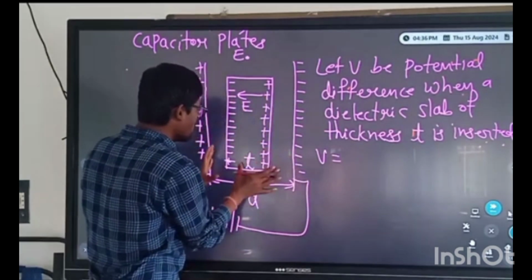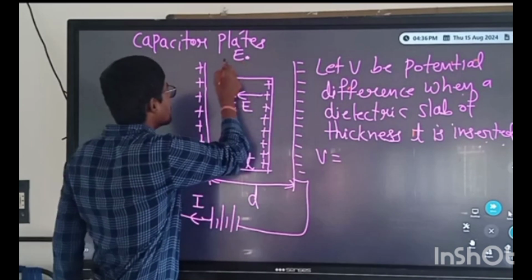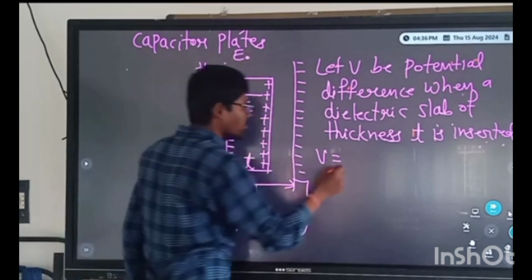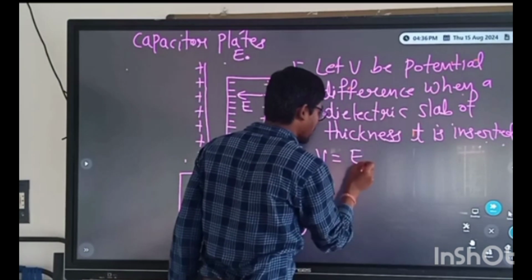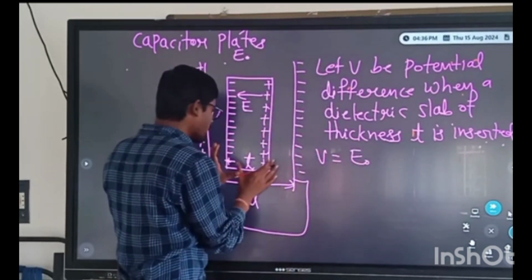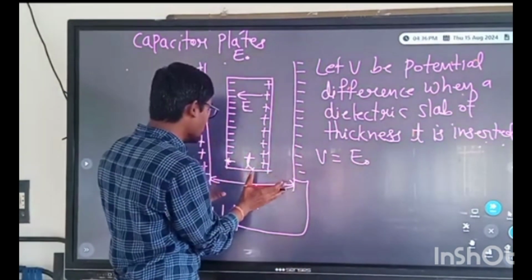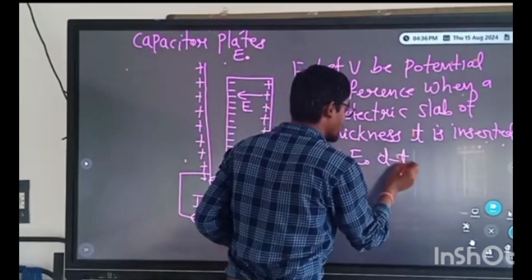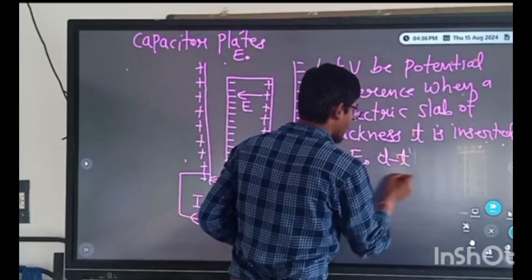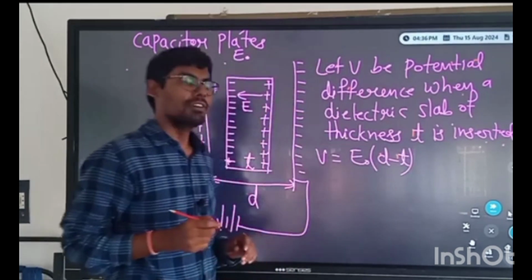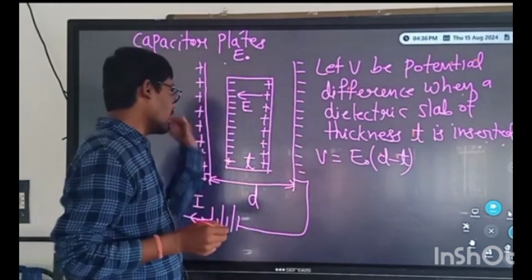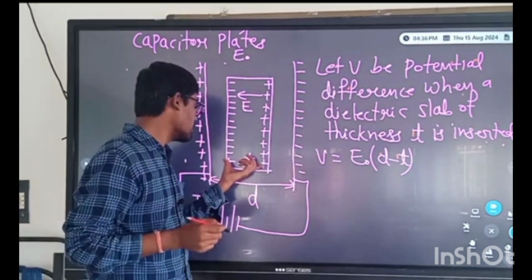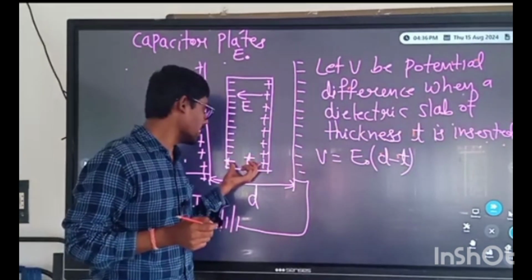So between this, the electric field is the external electric field E naught, and the remaining space is D minus T. Now again, the electric field inside the dielectric into the thickness.